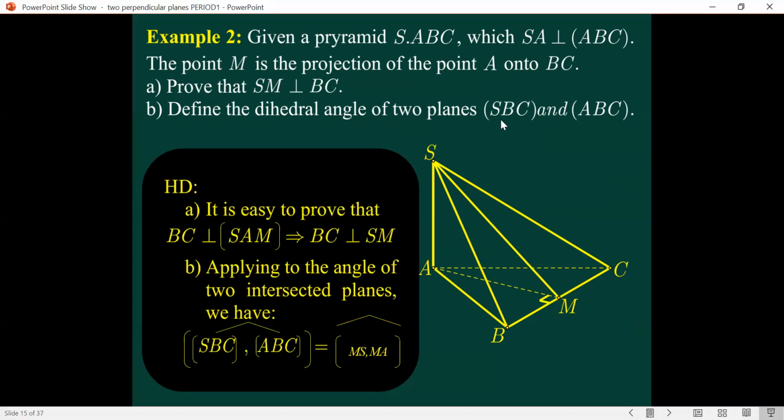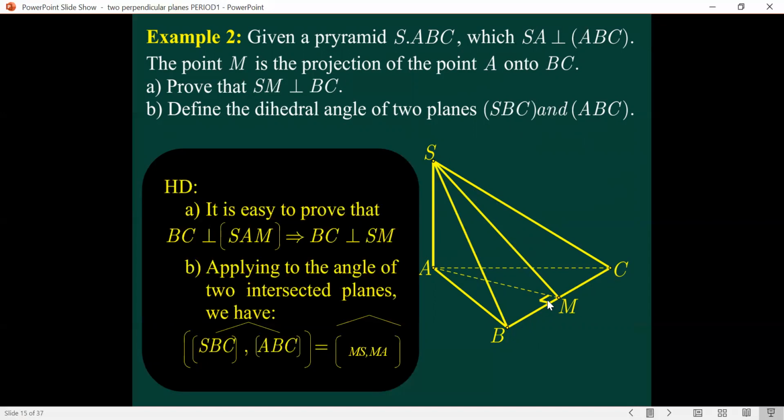We apply the process. The angle between two planes SBC and ABC equals the angle between two lines that belong to each plane and are perpendicular to their common line. Look at here.